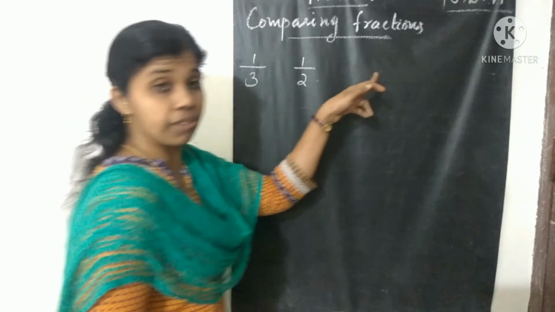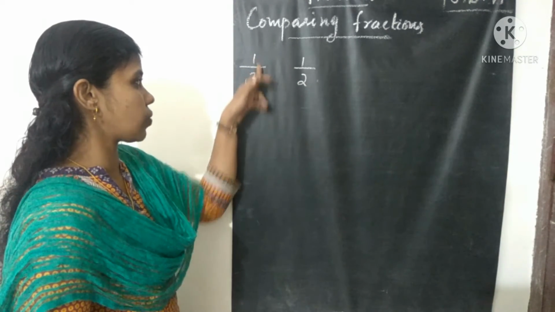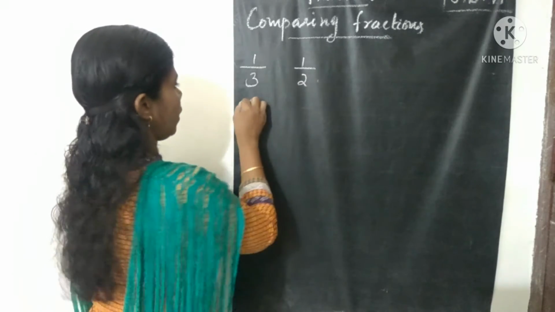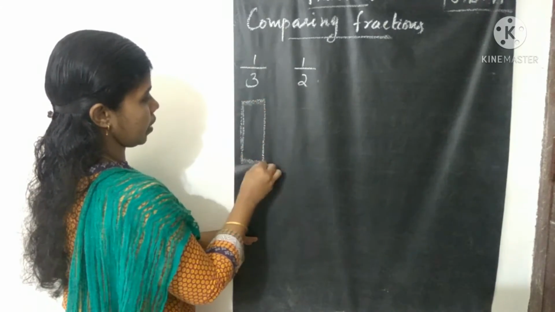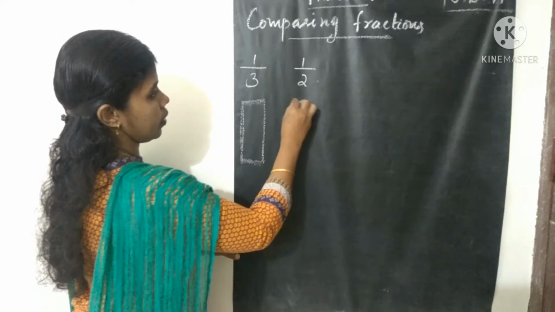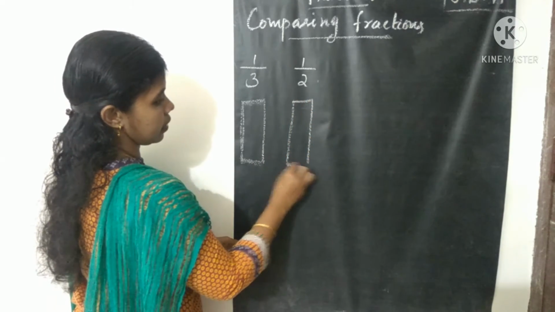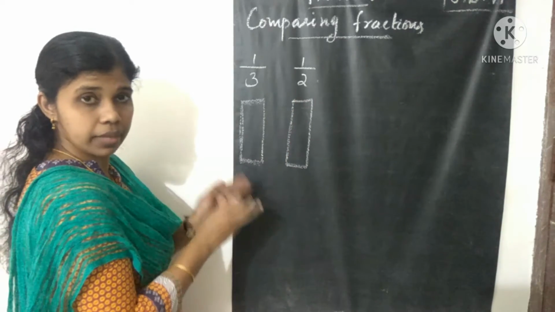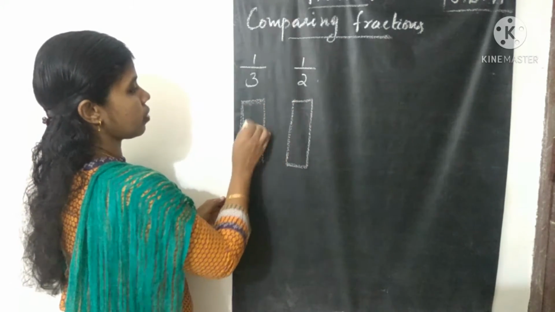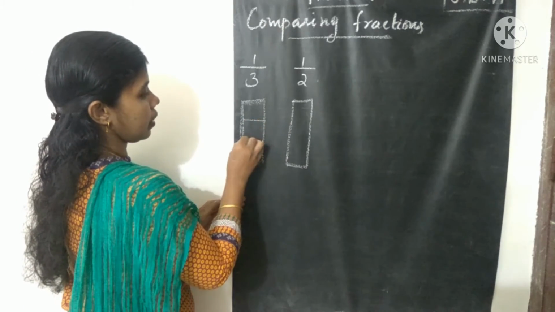Next, comparing fractions. Okay, here are given two fractions, 1 by 3 and 1 by 2. Here is one picture representation. Two chocolate bars, the same type. This chocolate bar is divided into 3 equal parts.